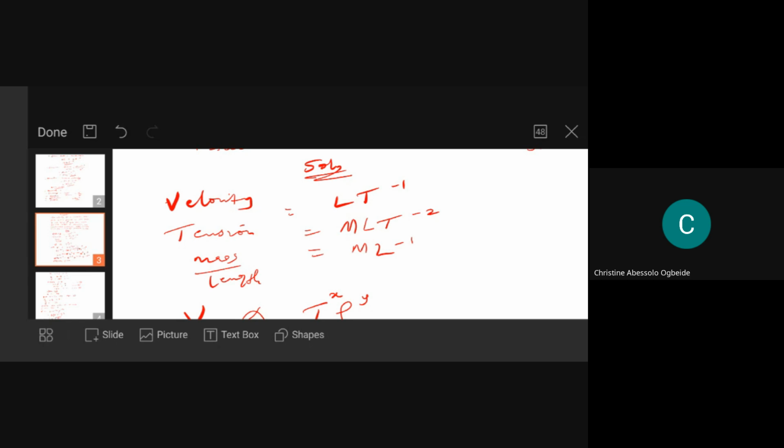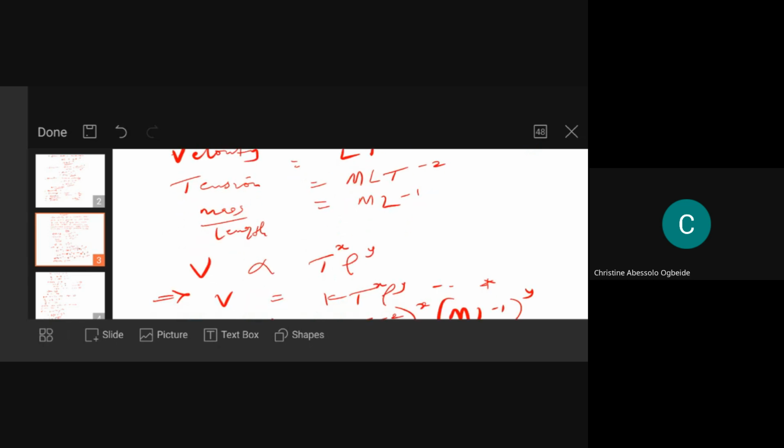The question says that the velocity V depends on the tension and the mass per unit length. This is how to interpret this question.